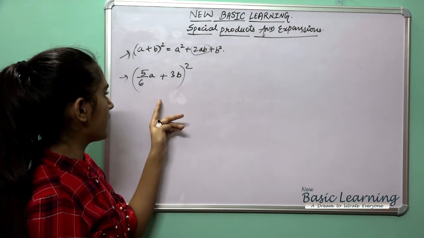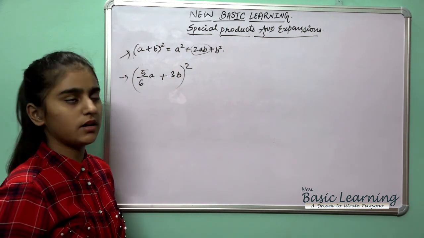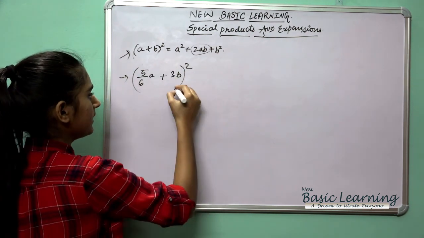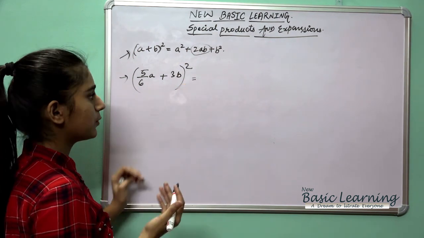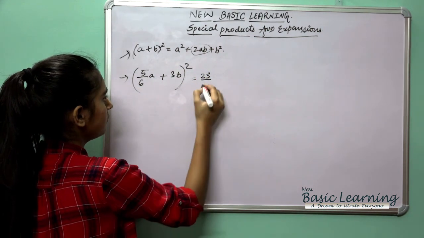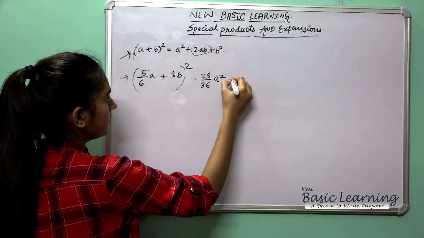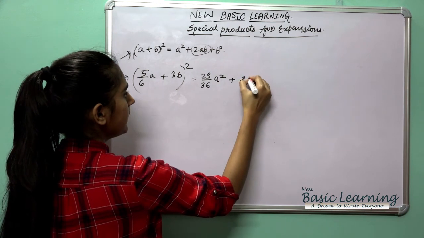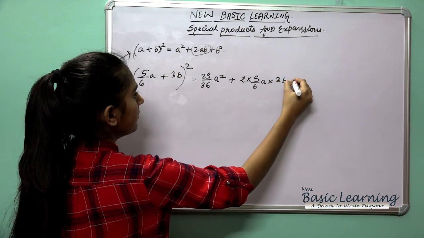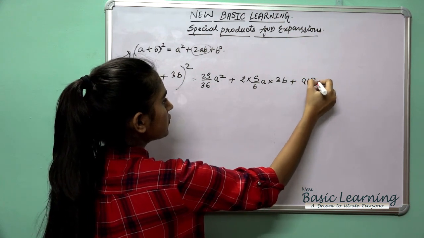Now I have taken another question, that is (5 upon 6a plus 3b) whole square. This is the same question. According to this formula we will apply the same formula here. So let's put the values. 5 into 5 gives you 25 and 6 into 6 gives you 36, a square. Then plus 2 into 5 upon 6a into 3b plus 3 square is 9b square.